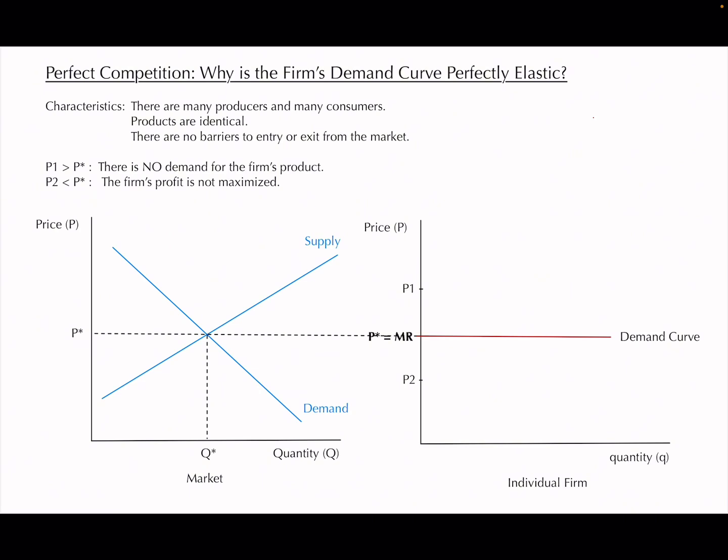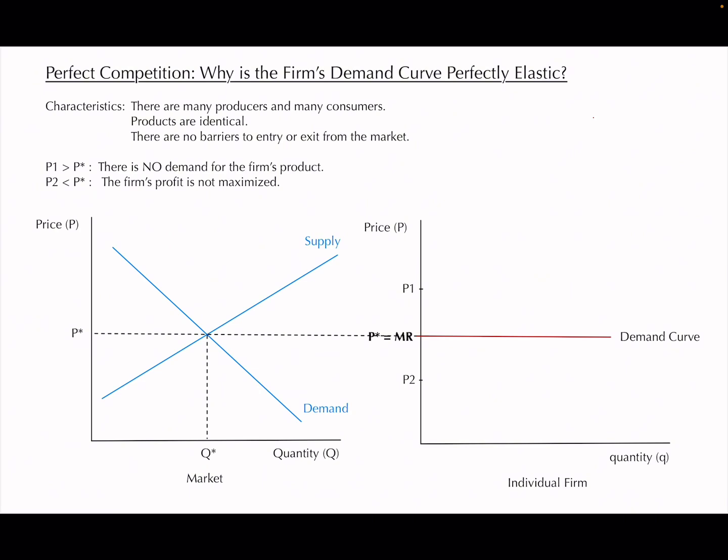We mentioned that there are many producers and many consumers, and all products are identical in perfect competition. Thus, firms in perfect competition are price takers. One single producer is too small compared to the size of the market to affect the price of the product.